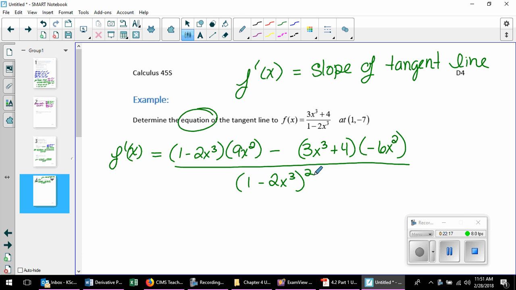This one, well, we can do it one of two ways. We can simplify it first, or we can sub in at this point. You can do it either way. There's benefits to doing it either way.